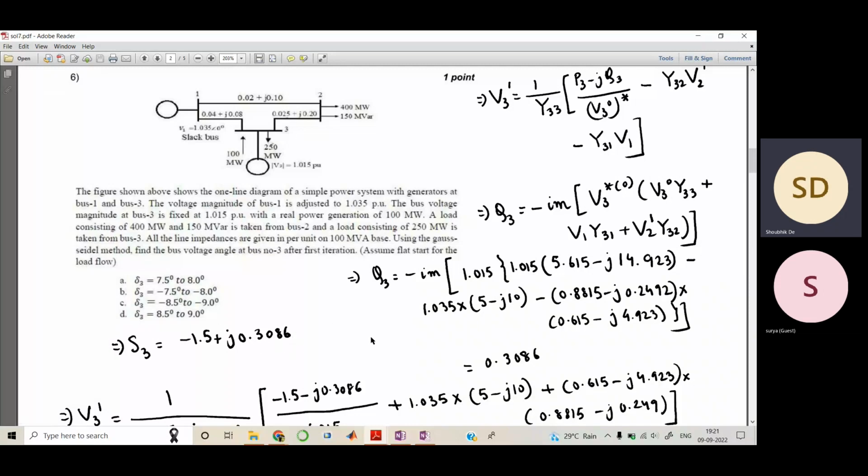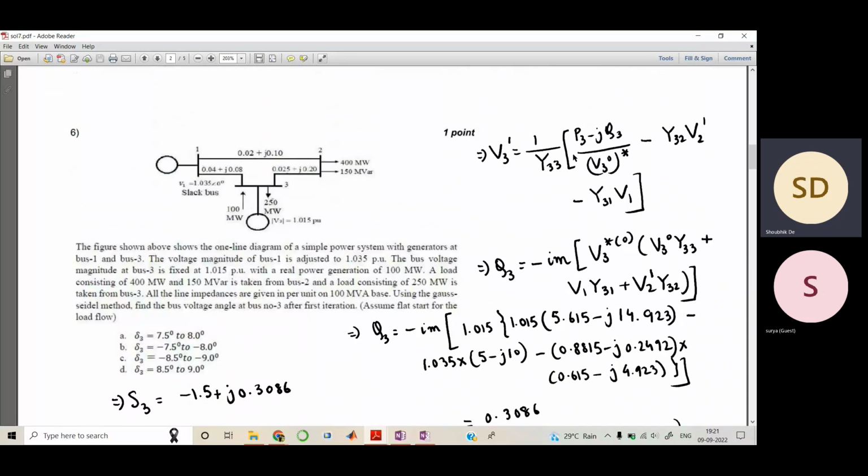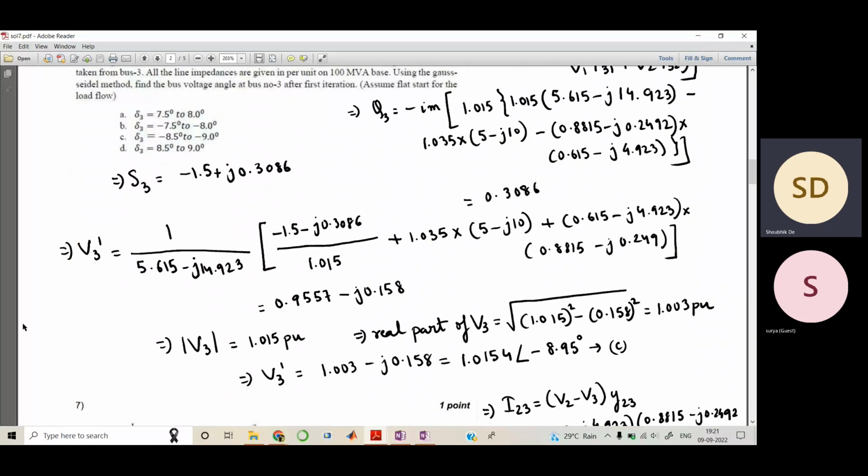It is clear from the symbol. Again, you put all the known values in this equation, and you get the voltage after the first iteration at bus 3, which is 0.9557 minus j 0.158.